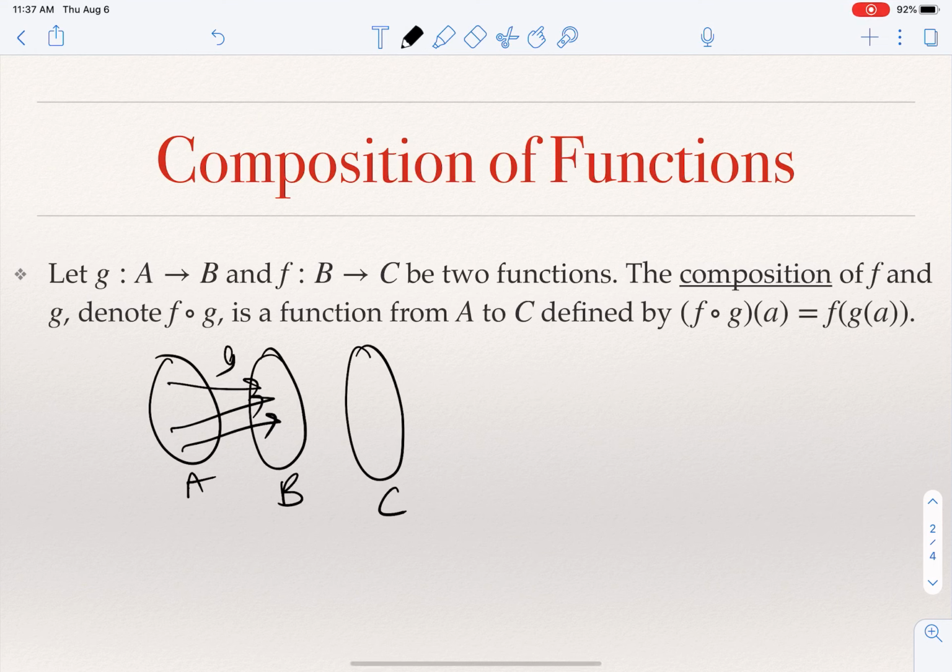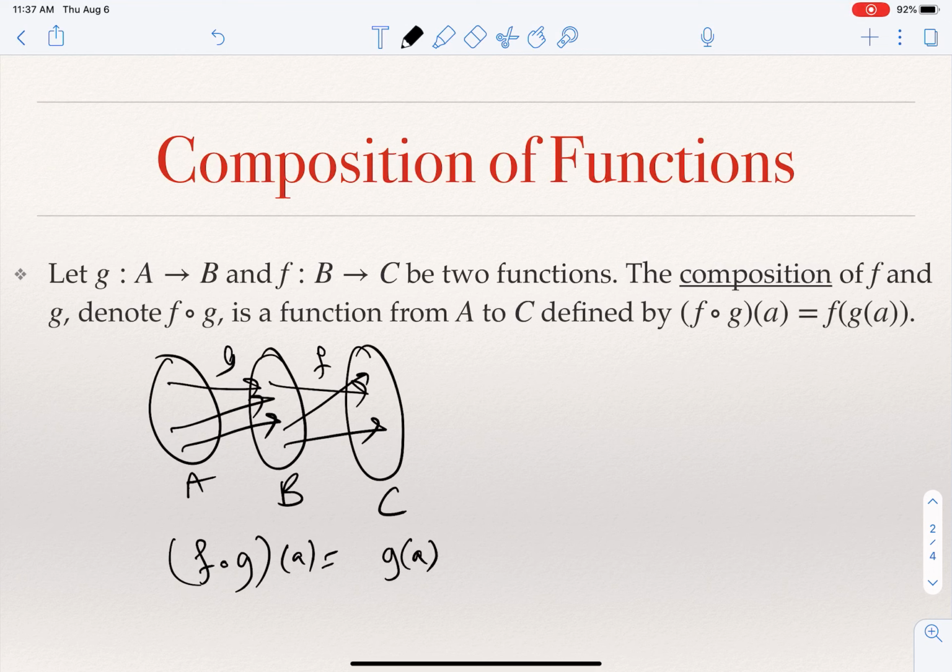Okay, so this is G. And F is mapping B to C. So F composed with G on the element a is basically you first apply G to a, and this takes you to an element in the set B, and then you apply F to G of a, and this takes you to an element in C. This is why F of G is a function from A to C.